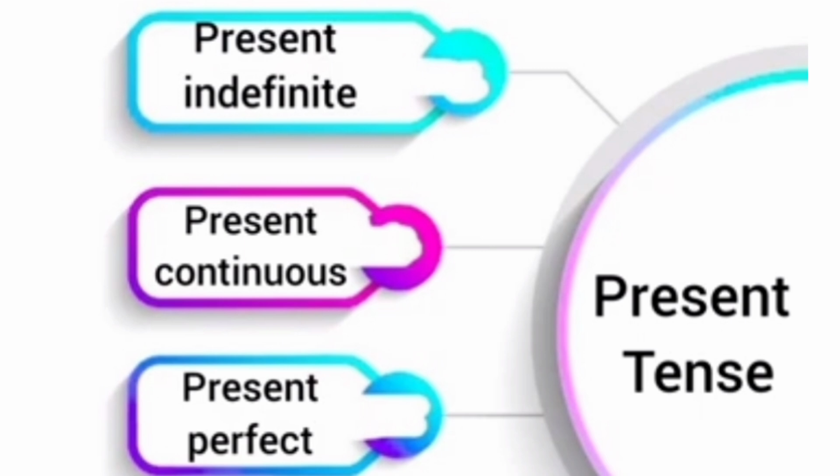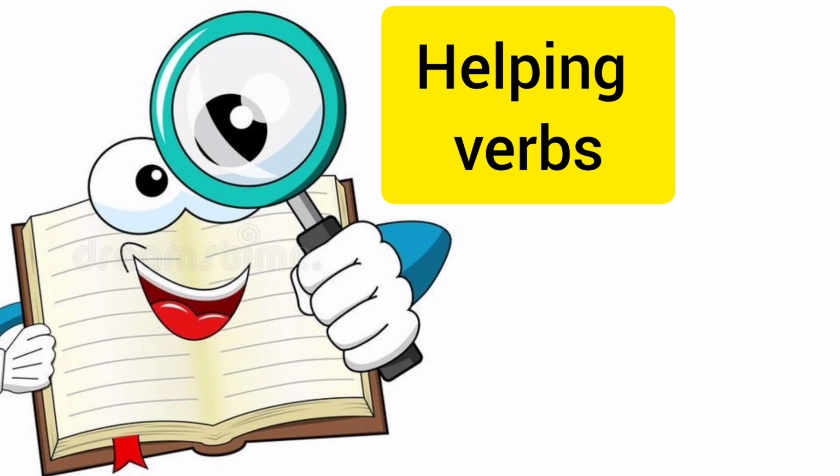First of all, I'll go for the specific helping verbs that are going to be used with present indefinite, present continuous and present perfect tense. So note down these helping verbs, because I have already told you that helping verbs or be verbs are the very important tool or tip to make your sentence correct.